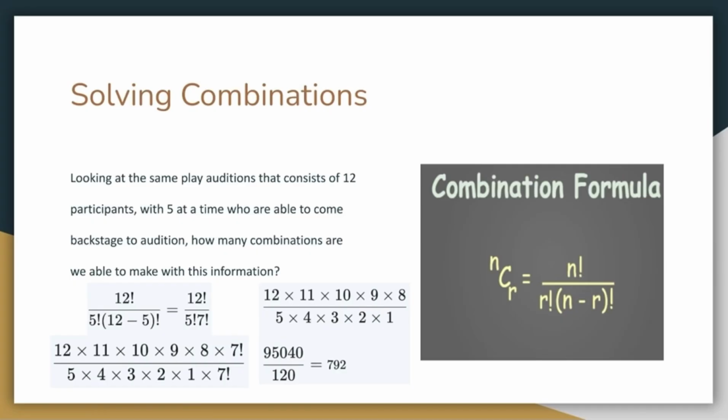The 7 factorials cancel out, so then we're left with 12 times 11 times 10 times 9 times 8 over 5 times 4 times 3 times 2 times 1, which gives us 95,040 over 120. To solve that would be 792, so there's a total of 792 combinations.